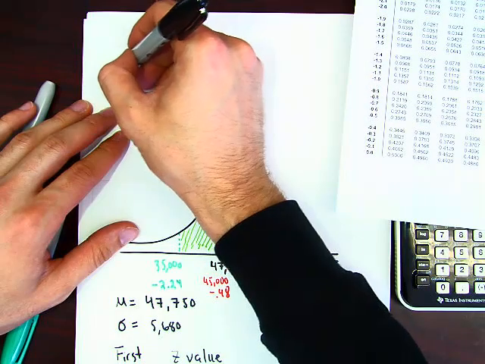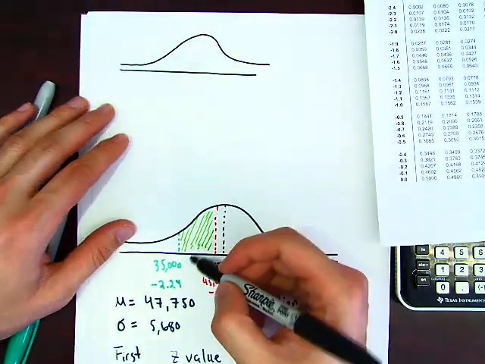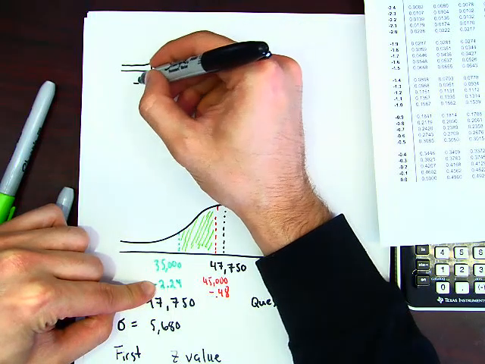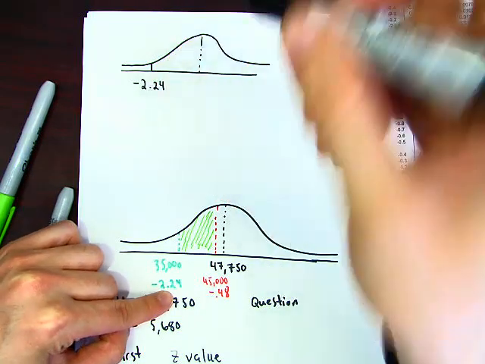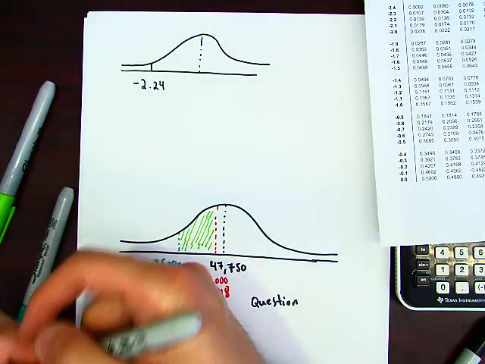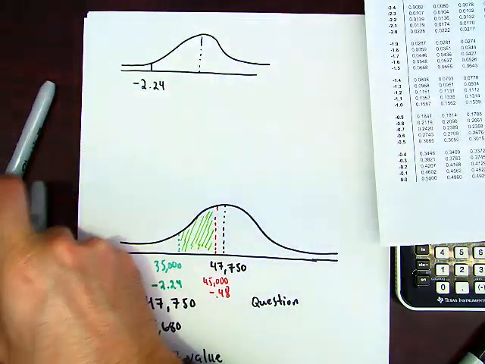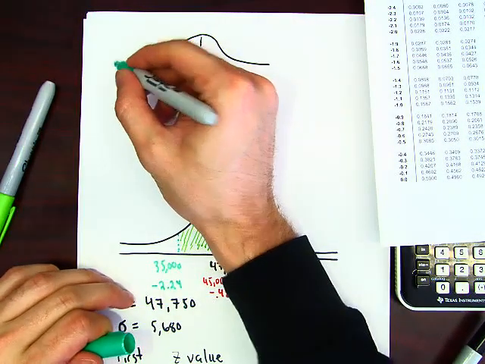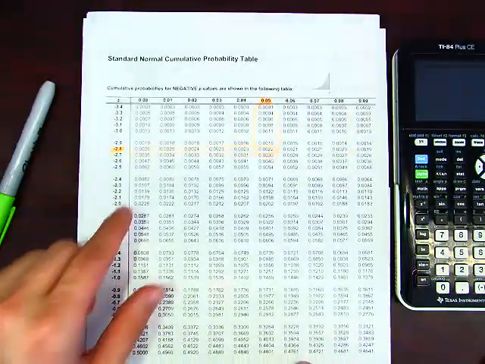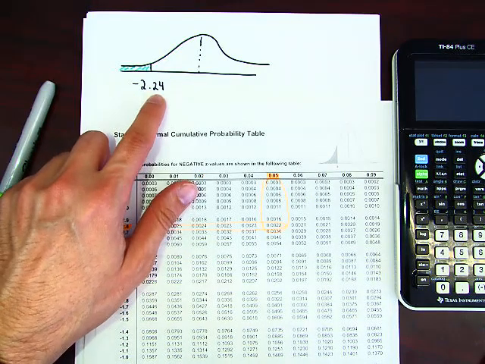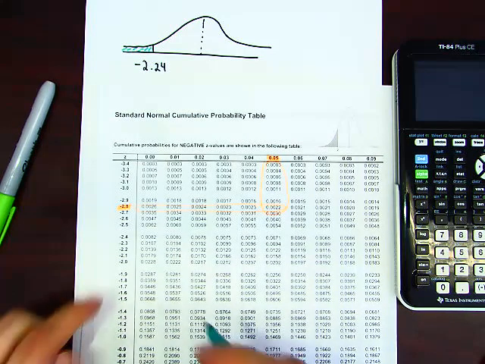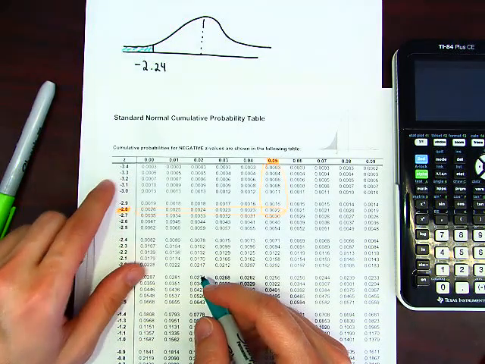Here, if we just have -2.24, what's the area to the left of -2.24? It's that area, and we have to calculate it. So here we just have to go to our table over here. Where is -2.24? -2.24 is -2.2.